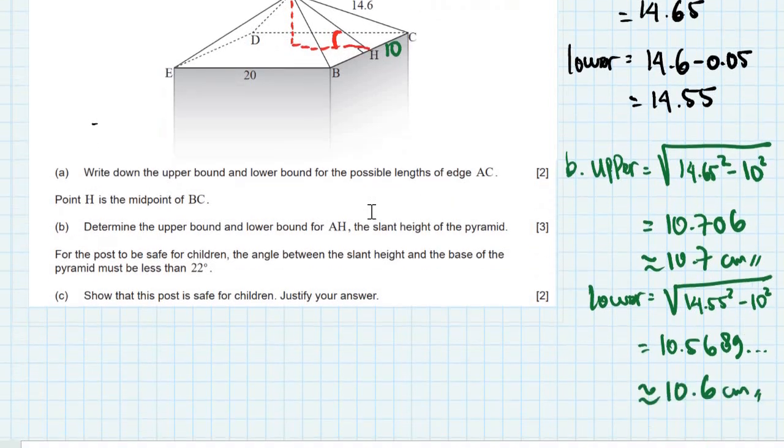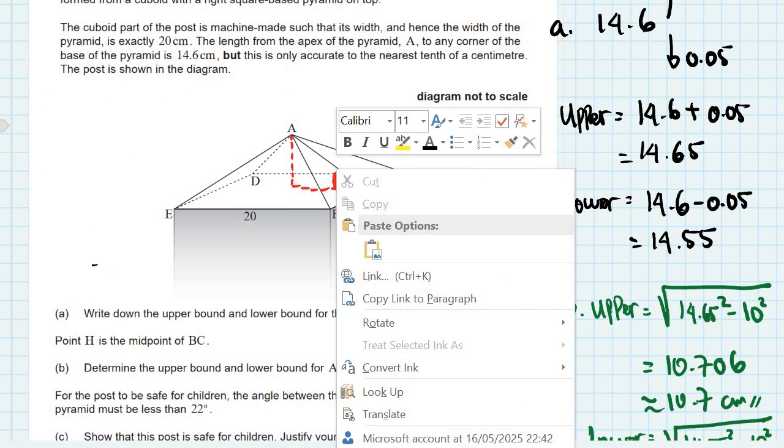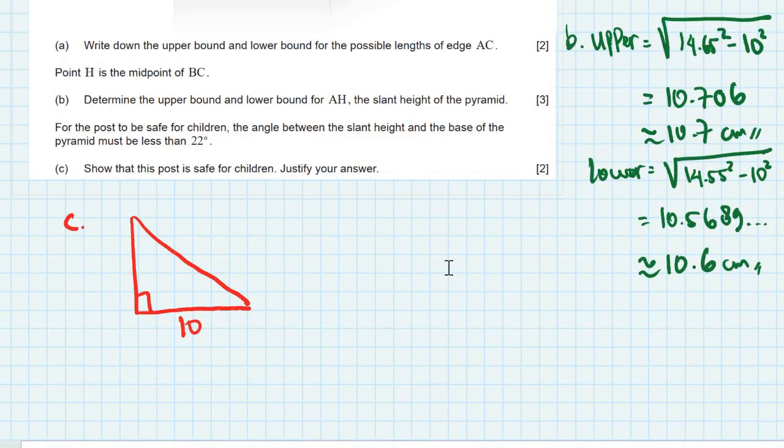This is 10, because it's half of EB. And then the slant height can be 10.7 or 10.6. Let's use 10.7 first. What's the angle here?